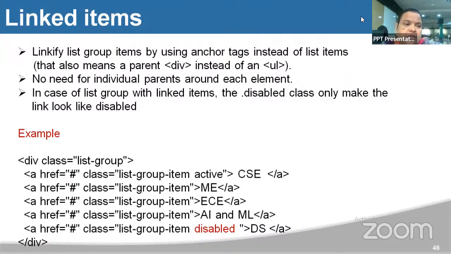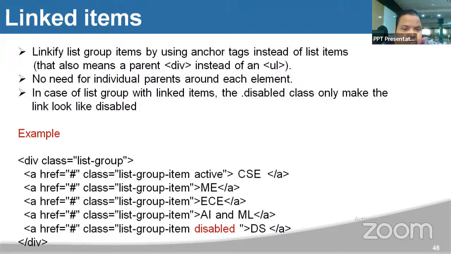That is, to link, modify the list group items by using the anchor tag instead of list items. Actually, a list is also a link in HTML. It can use the anchor tag. The anchor tag gets a reference, gives that particular one, and then goes to the next item.